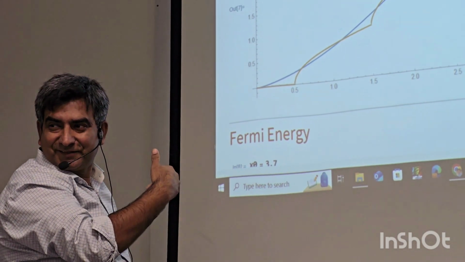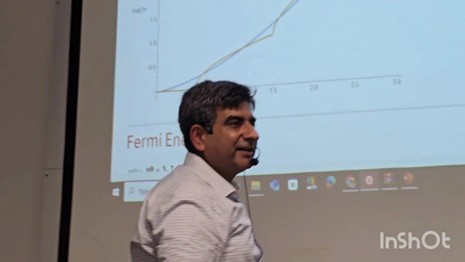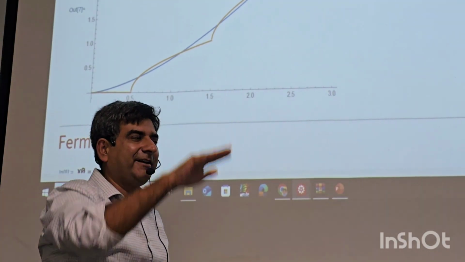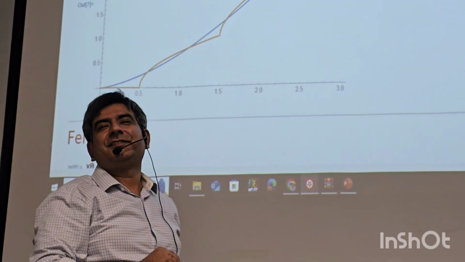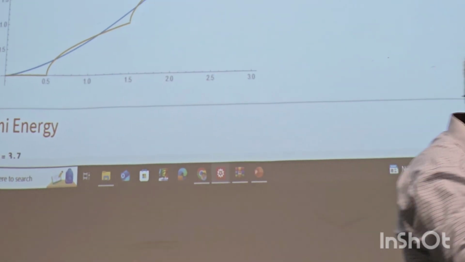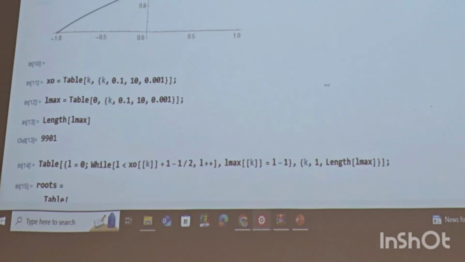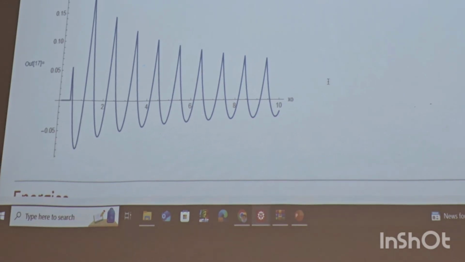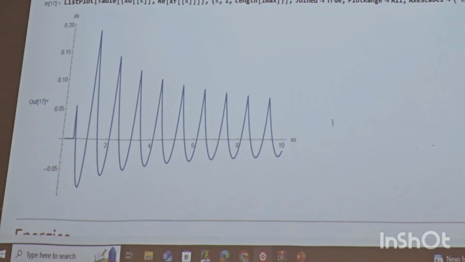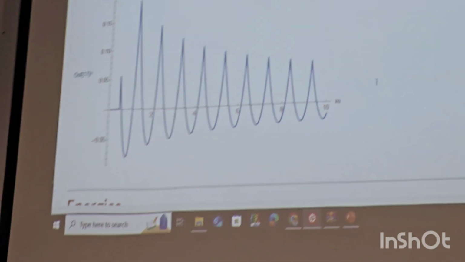You can also plot this. So this is the integrated density of states, and that's happening because the Fermi energy itself is shifting up and down. It's going above and below the Fermi energy in the absence of a magnetic field. Then we focused our attention on the Fermi energy, and found out what the Fermi energy fluctuation looks like as a function of x_0.